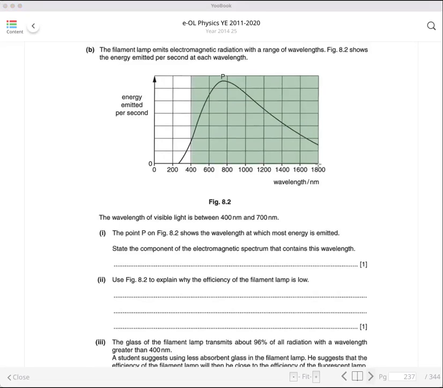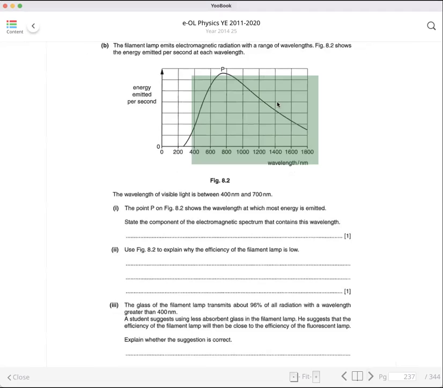A student suggests using less absorbent glass in a filament lamp. He suggests that the efficiency of the filament lamp will then be close to the efficiency of the fluorescent lamp.